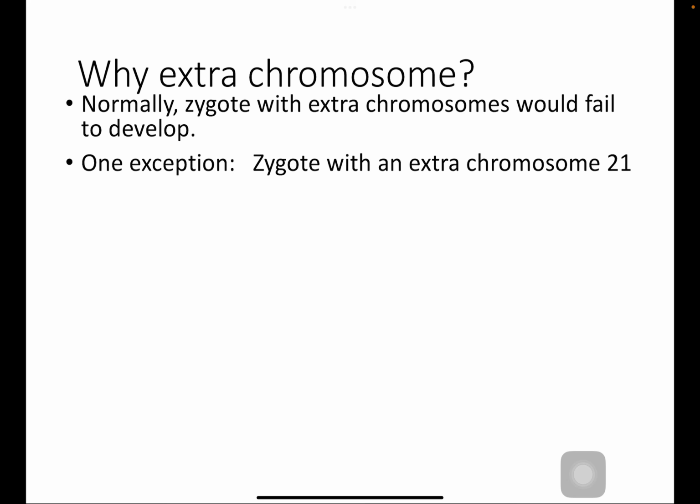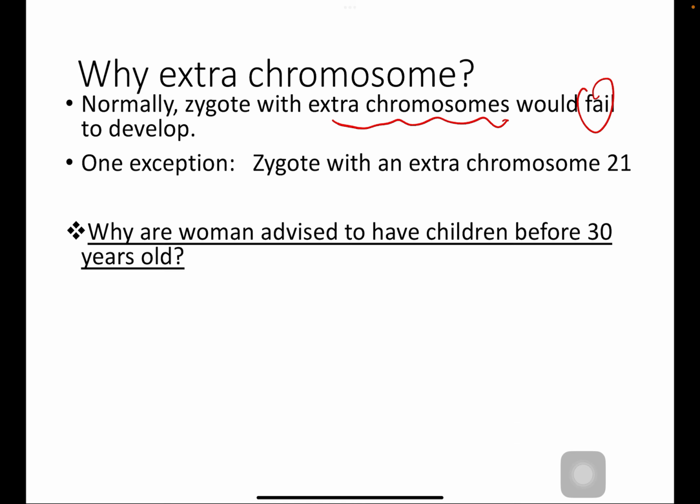Normally, zygotes with an extra chromosome fail to develop, but sometimes there are exceptions. A zygote with an extra chromosome 21 is able to still develop normally, despite the error in the number of chromosomes. And one factor that could possibly explain the extra chromosome and the error of gamete production is when women have children at a later age.